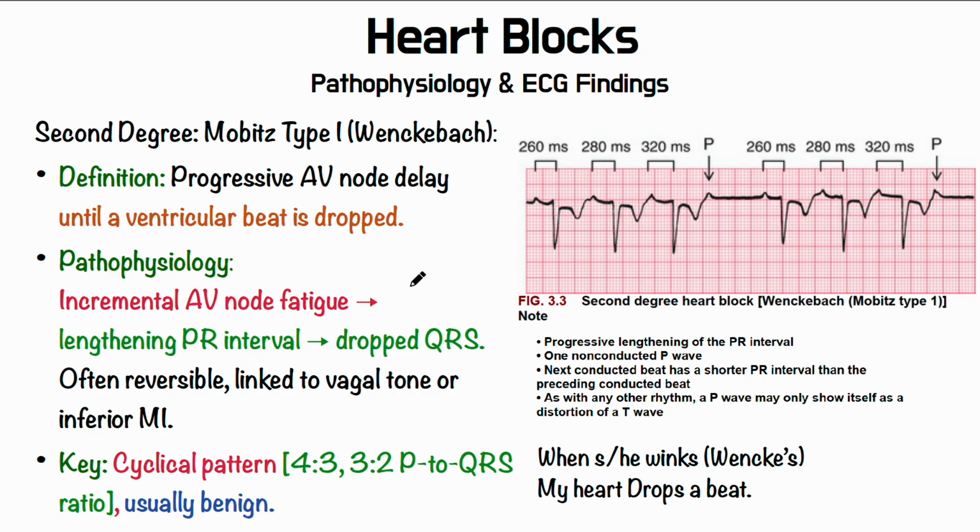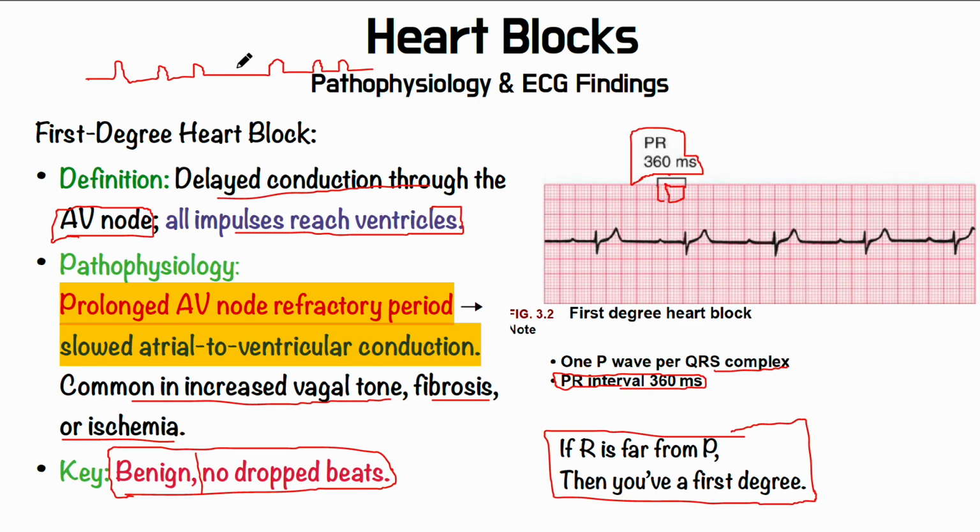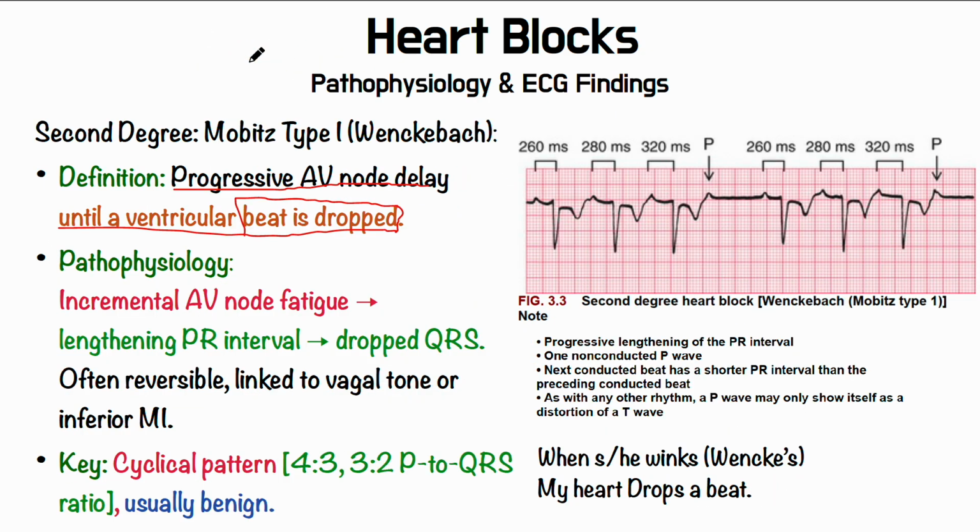So let's talk about Mobitz Type I or Wenckebach's heart block, right? The definition is progressive AV node delay until a ventricular beat is dropped. In this case, a beat is dropped like this. As I have said, a beat is dropped in this region, right? Before dropping, what actually happens, we'll talk about it later.